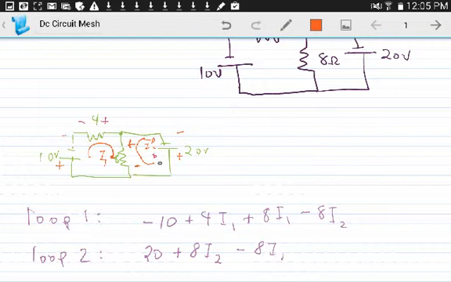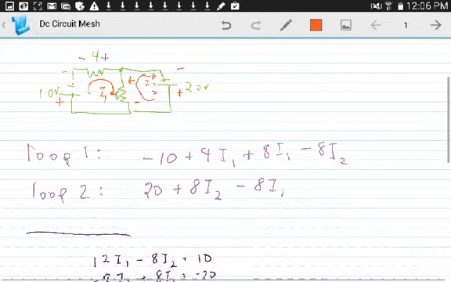Starting here, entering negative, leaving positive, we have plus 8 times I2. We also have I1 acting on that element, and according to this loop, I1 is entering positive and leaving negative, so we have negative 8 times I1. And then this is entering negative, leaving positive, so we have positive 20.